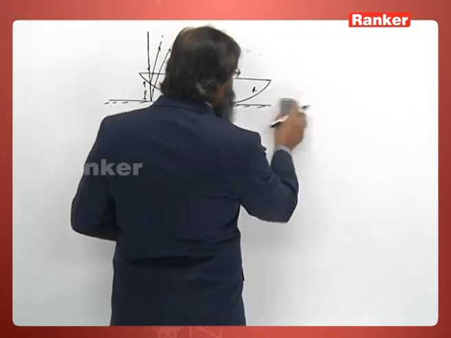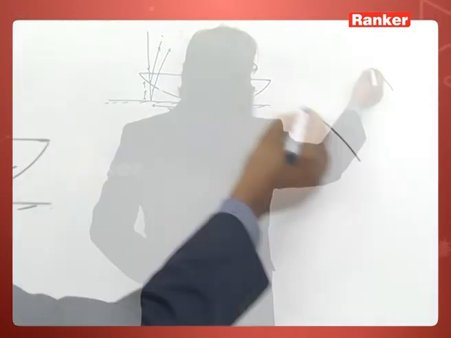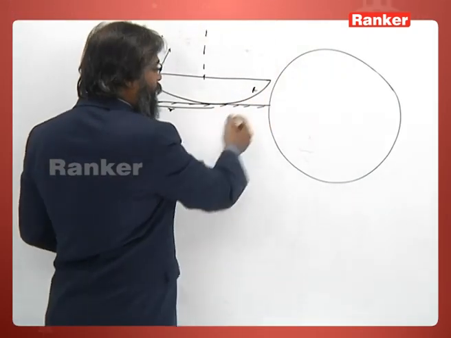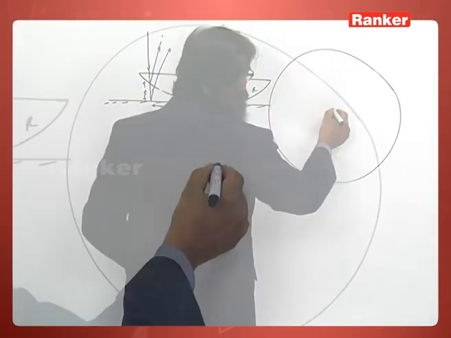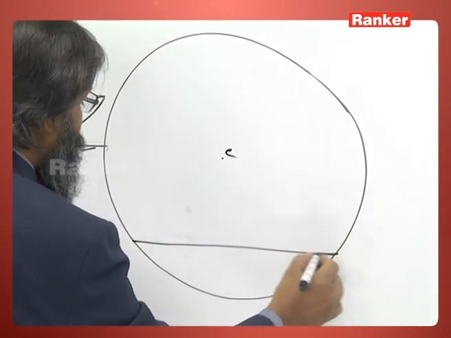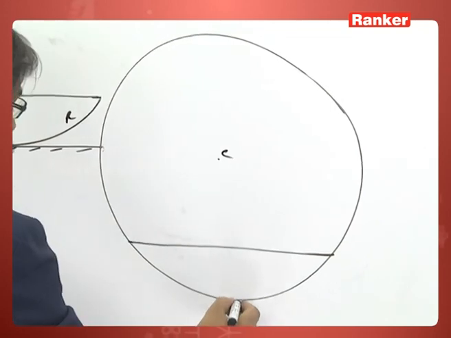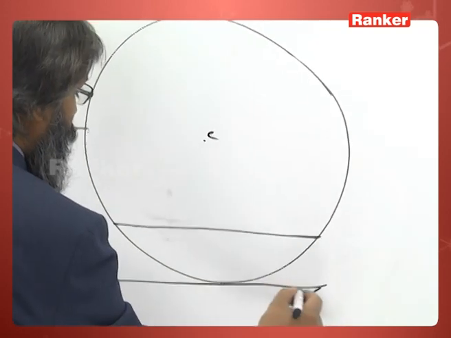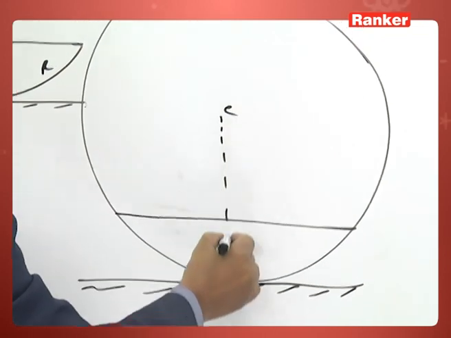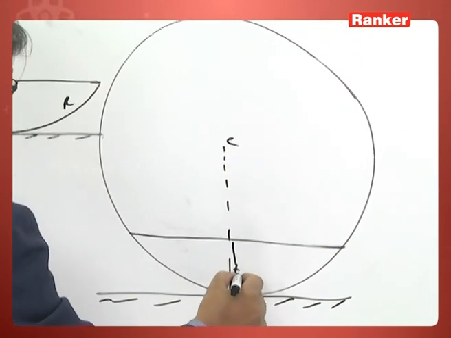So, suppose this is our radius of curvature, this is the center of curvature of the lens, and you see this is the plane mirror that we have considered, and this thickness is t.